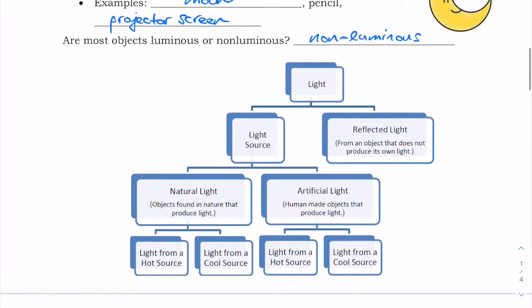So let's summarize by looking at this flowchart below. We'll start with light. Light can either come from a source, that would be a luminous object, or it can be reflected, that would come from a non-luminous source.